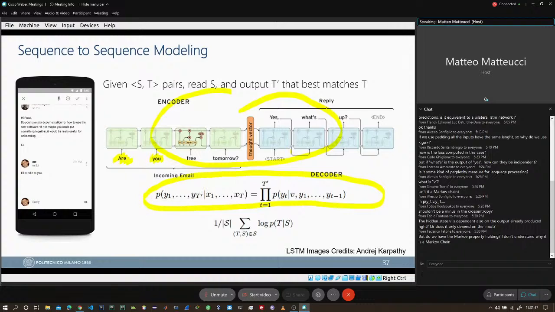So this is a simplifying assumption that the probability of one word depends on the previous word plus the context of the sentence, but modeling the full joint distribution of words and sentences is basically impossible.